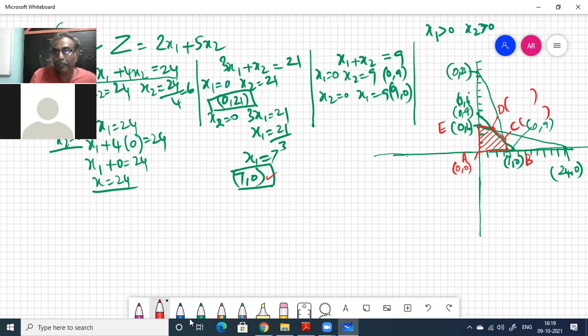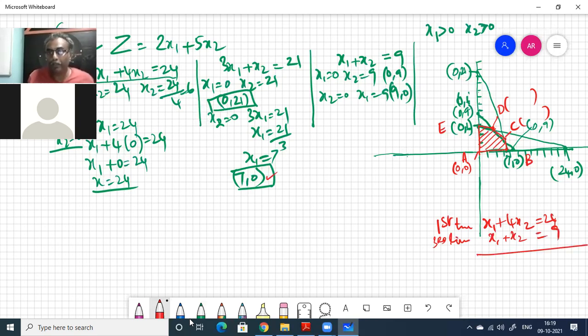This point is the intersection of the first line, x1 plus 4x2 equal to 24, with the third constraint, x1 plus x2 is equal to 9.